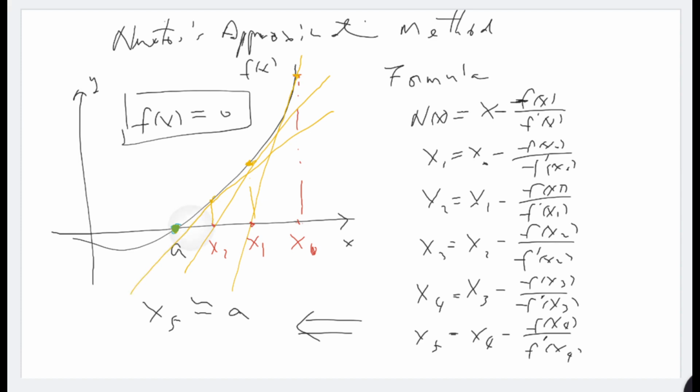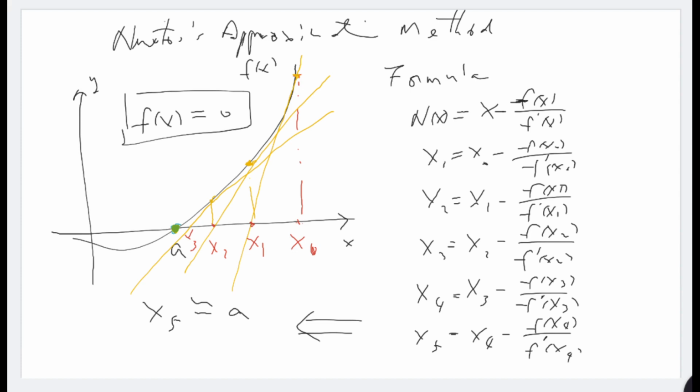Find the intersection, called x3. Now I think it's clear what we're trying to achieve here. By finding a sequence of tangent lines like this, we're getting a sequence of intersections x1, x2, x3, which are apparently approaching the actual intersection of the graph of f of x with the x-axis, A.